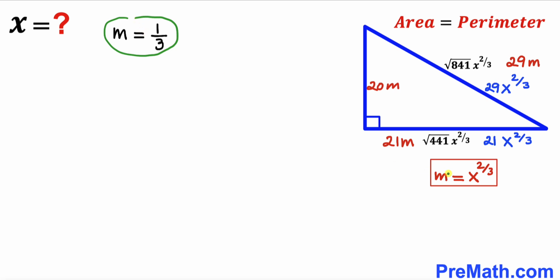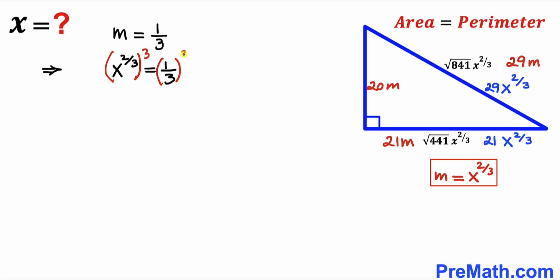But we know that m equals x power 2/3. So I'm going to substitute this m value: x power 2 divided by 3 equals 1 divided by 3. Now we are going to solve this equation for x. Let me take the cube on both sides.